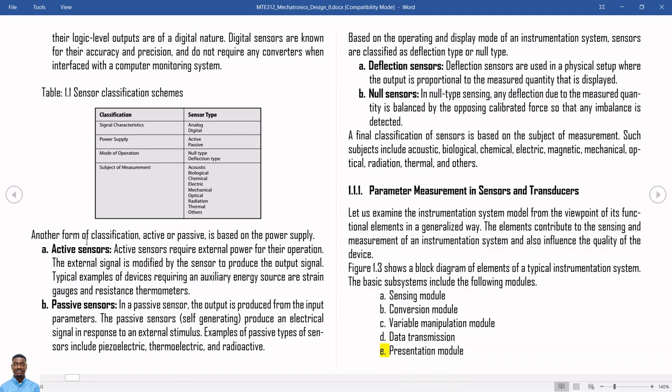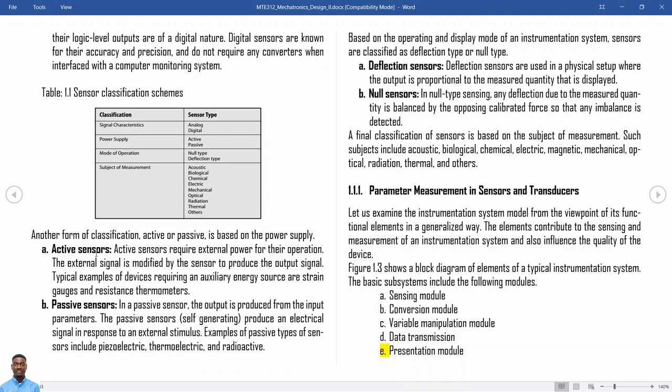So another form of classification is active or passive, based on the power supply. Active sensors are sensors that emit energy, and they then measure the reflected signal.